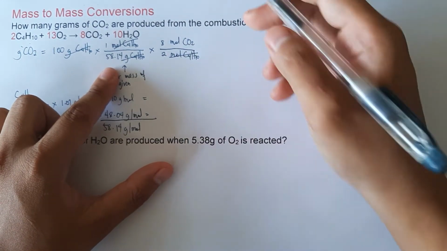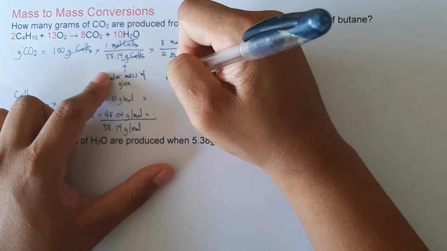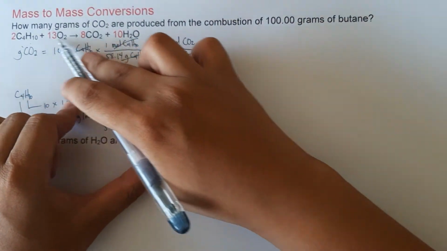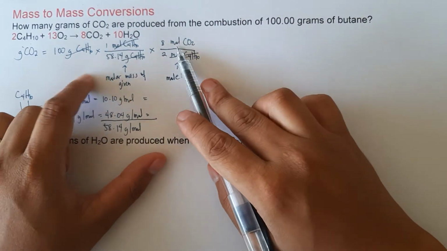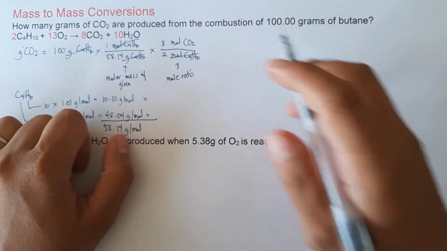Again, this is our mole ratio based on the balanced chemical equation. No. 8 moles of carbon dioxide over 2 moles of C4H10.